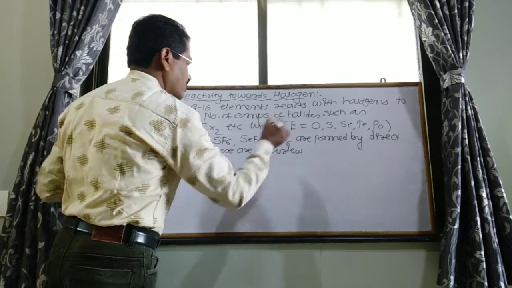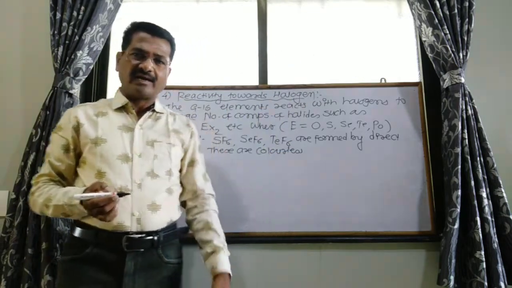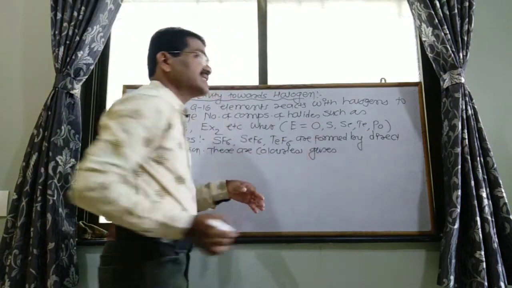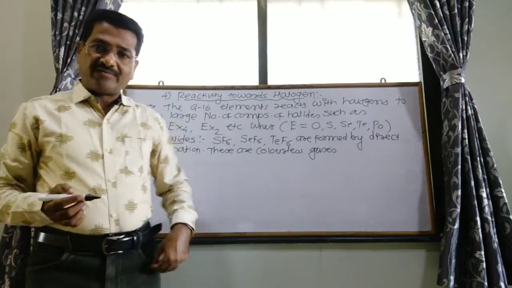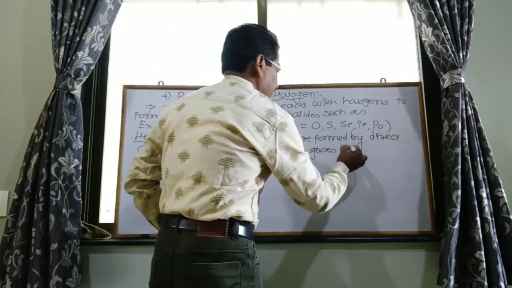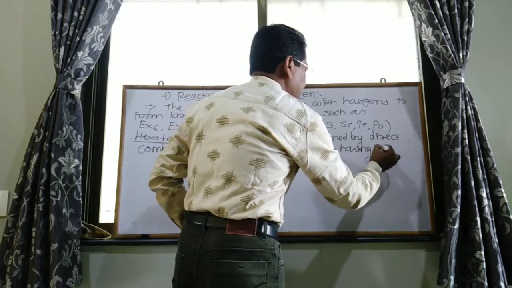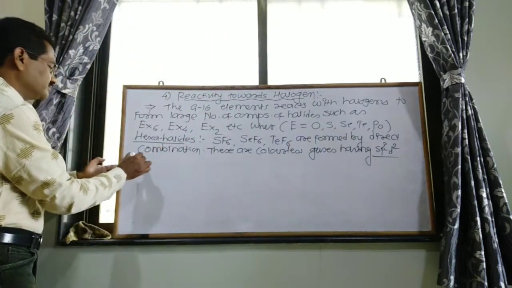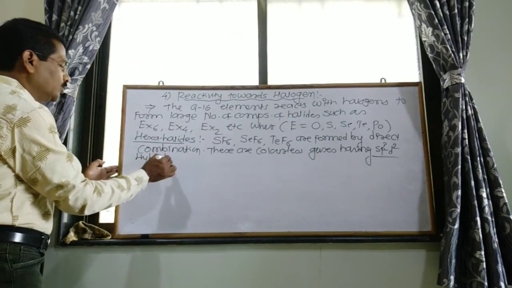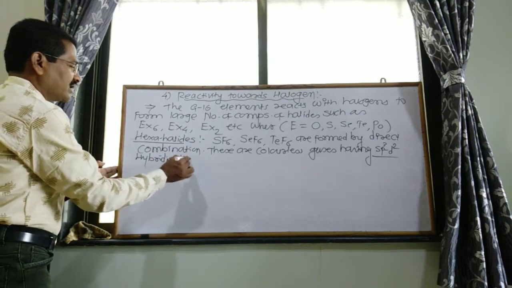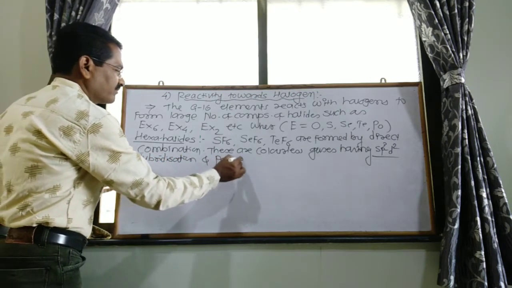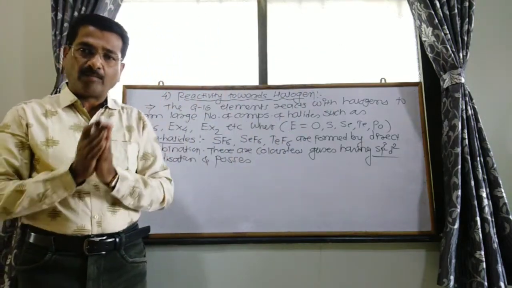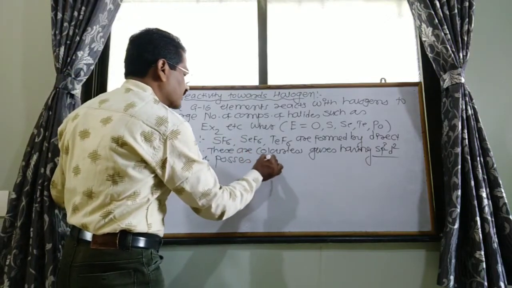All the hexahalides are colorless gases having sp3d2 hybridization and possessing an octahedral structure.